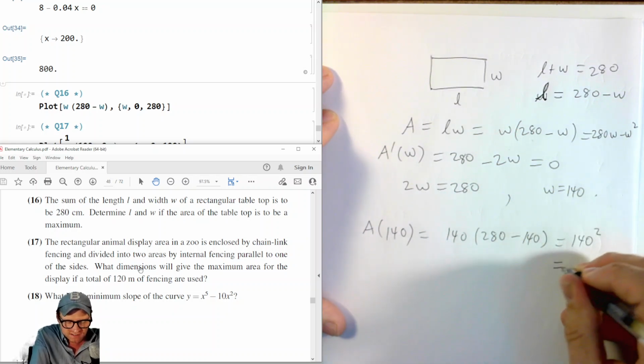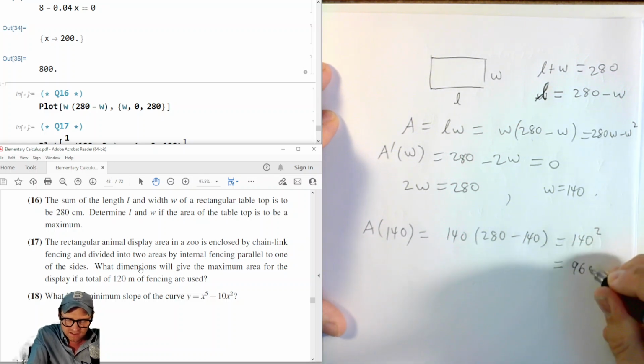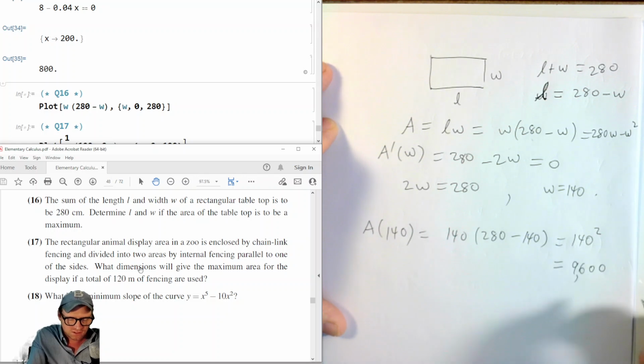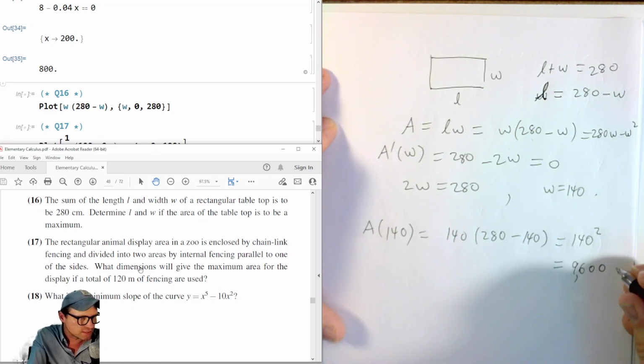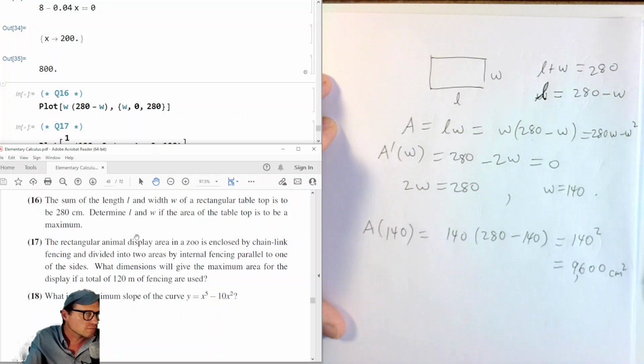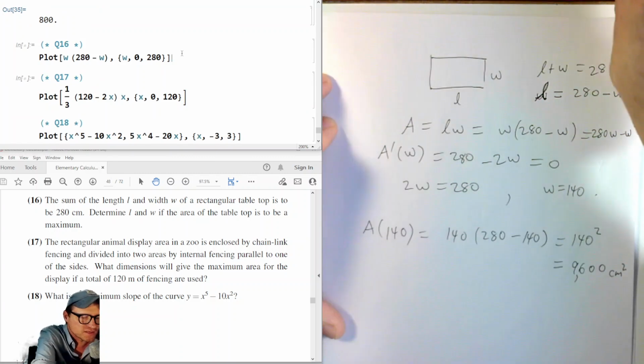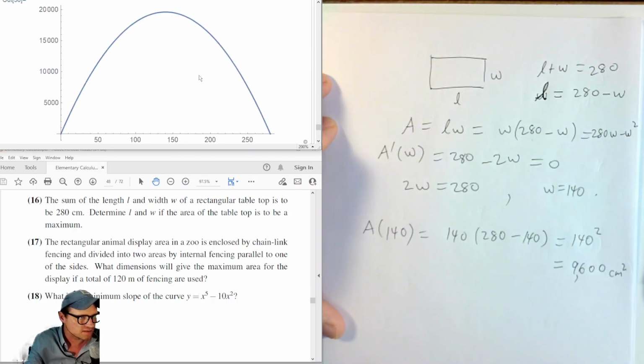So 14 squared is 196, and then 10 squared is 100. So 19,600 centimeters squared. Okay, so here I'll just plot this. You can see that this is a maximum occurring when w is 140.